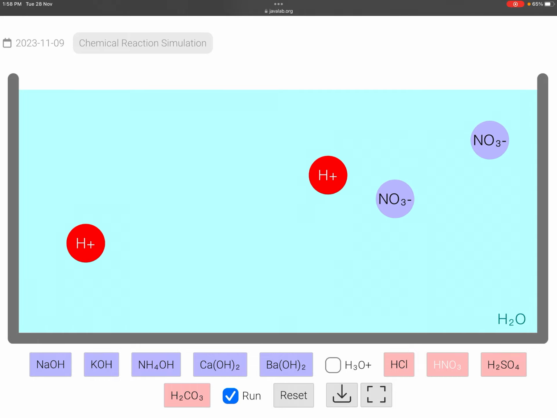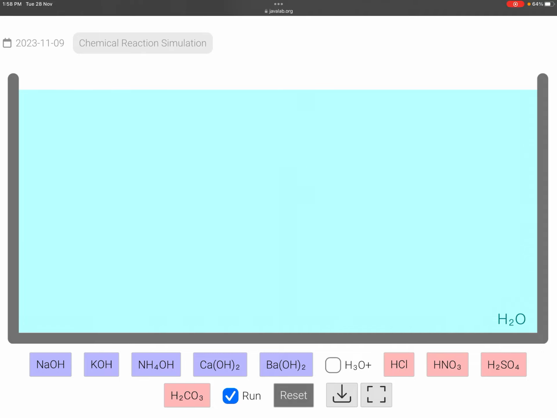Okay, let's see another one. H2SO4 is sulfuric acid. In the water, same, it will be ionized. Ionized means separated into ions. ايه هما الايونز دول؟ برضو hydrogen ions and SO4 negative 2 which is a sulfate ion.